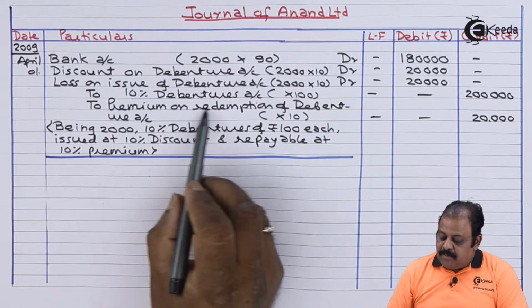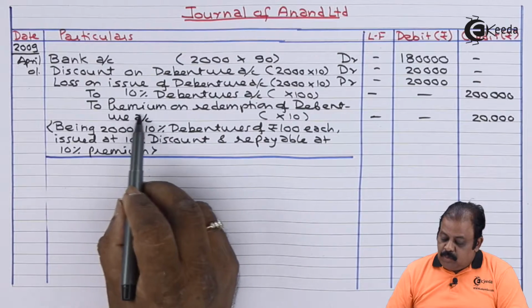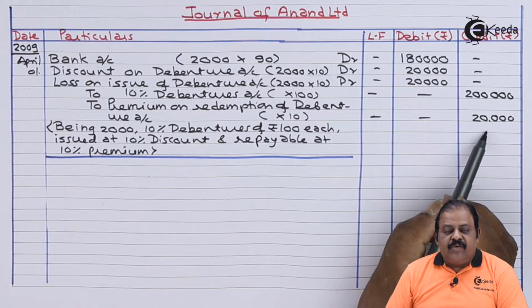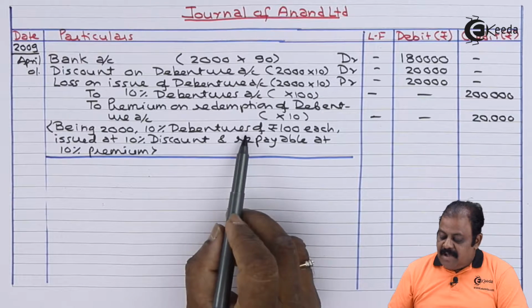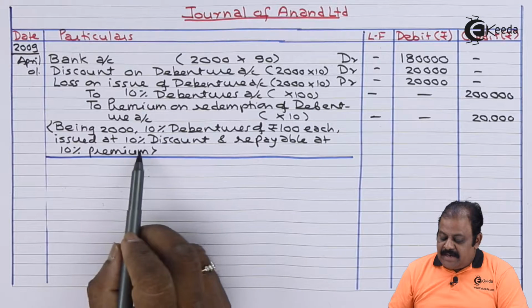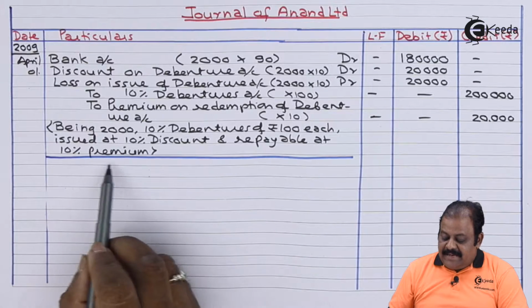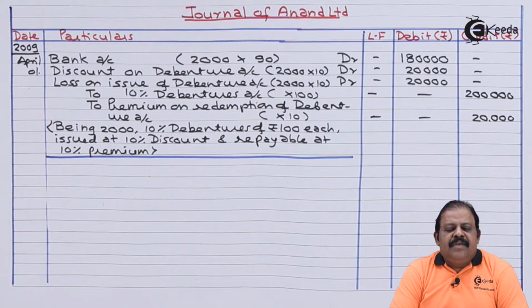To 10% debenture account 2 lakhs, to premium on redemption of debenture account 20,000, being 2,000 10% debentures of rupees 100 each issued at 10% discount and repayable at 10% premium. Here we have recorded entry for issue of debentures.